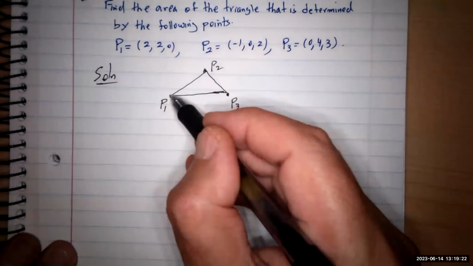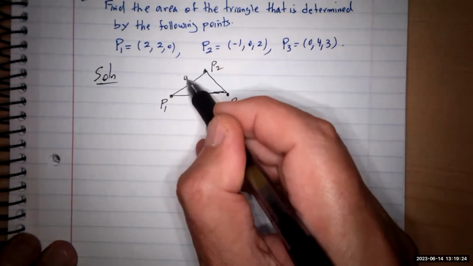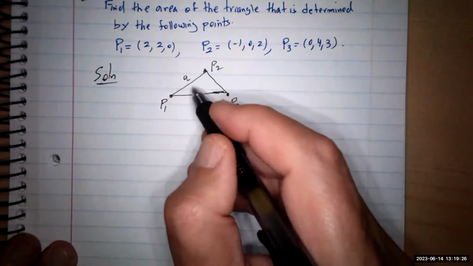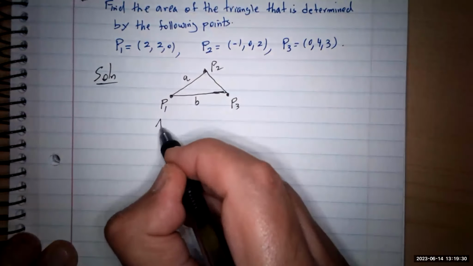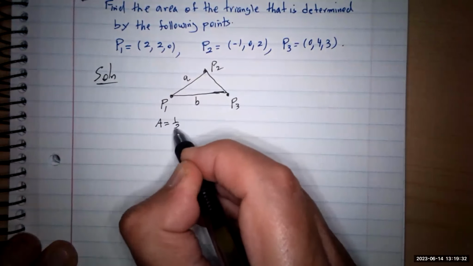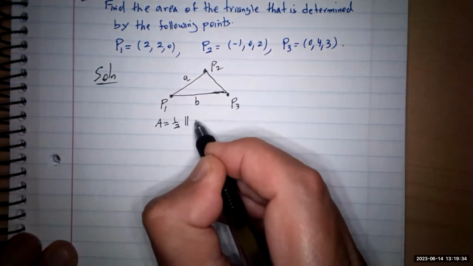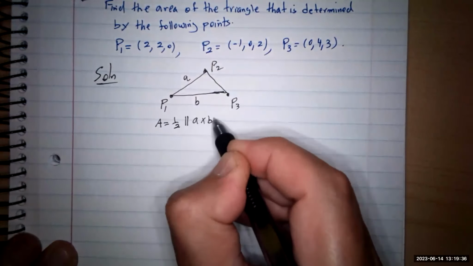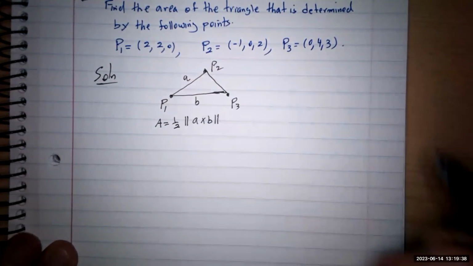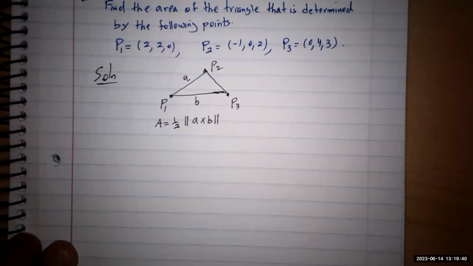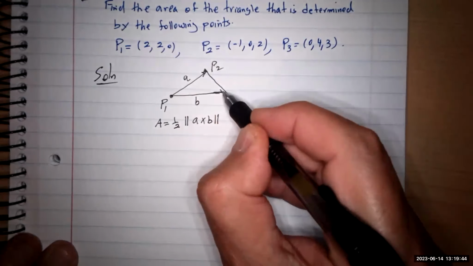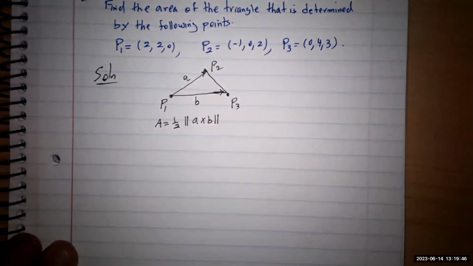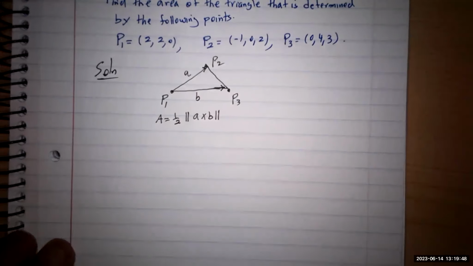If you call this one vector A, and this one vector B, then your area is going to be 1/2 of the norm of A cross B. So the problem is you have to find A and B yourself.